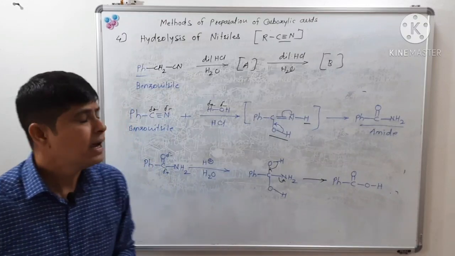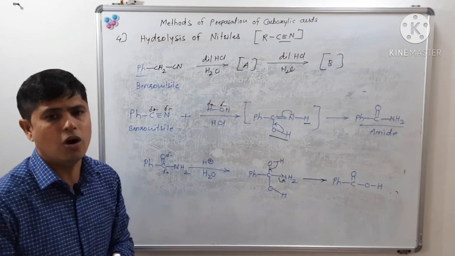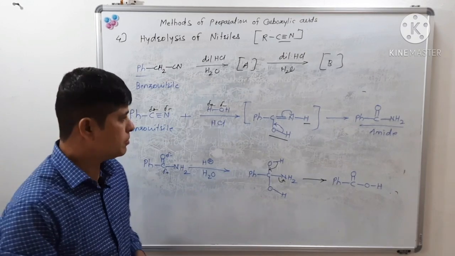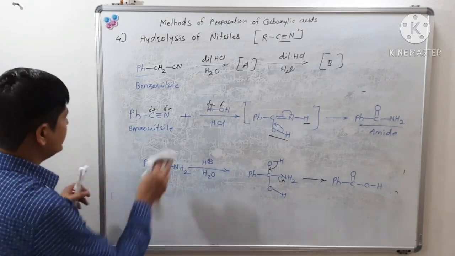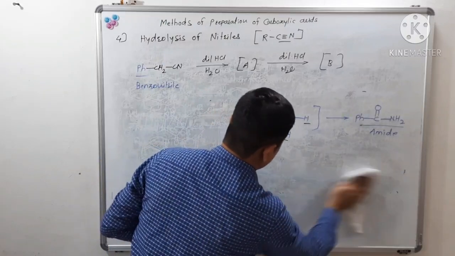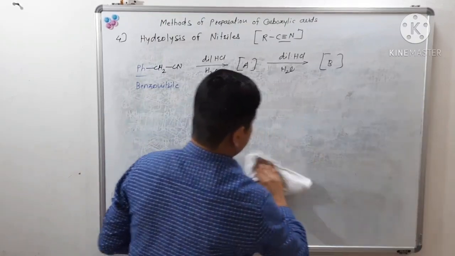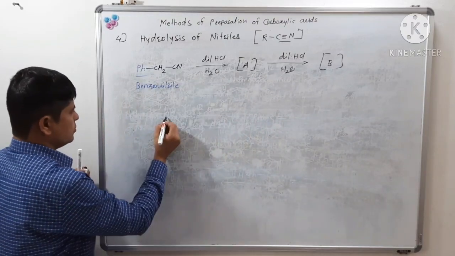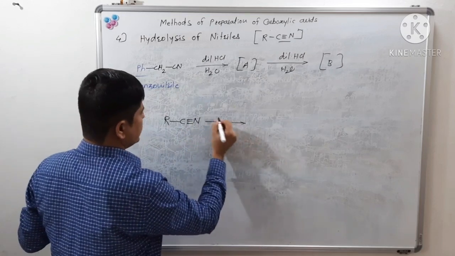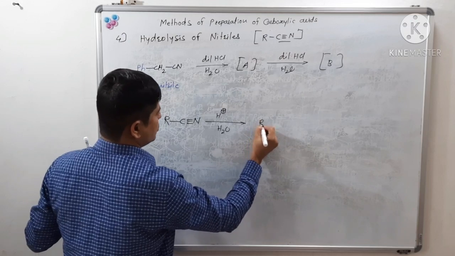So this is hydrolysis of nitrile. Hydrolysis of nitrile will give a carboxylic acid as product. In general, suppose I have R C triple bond N, on reaction with H plus, water, what will you get here?